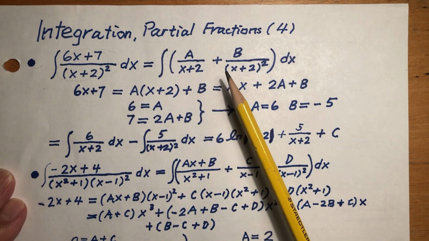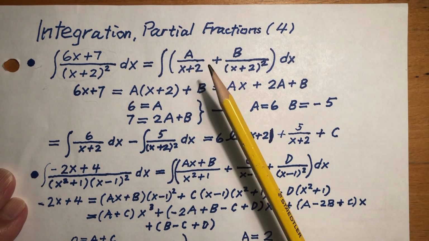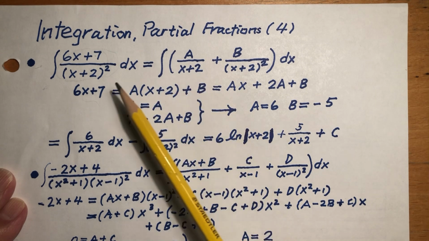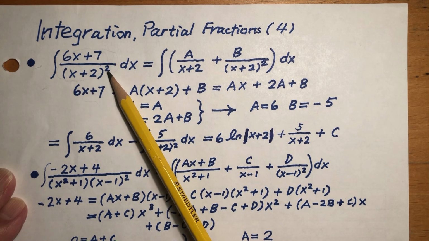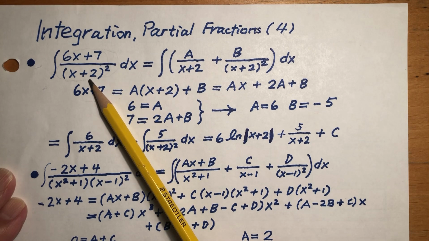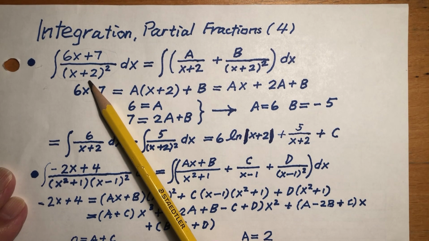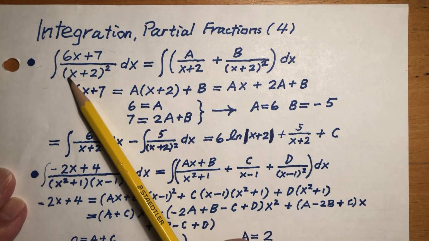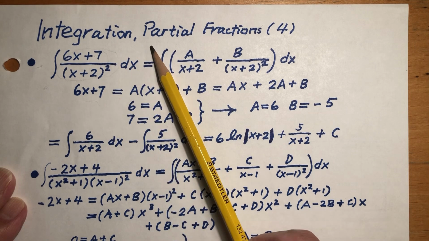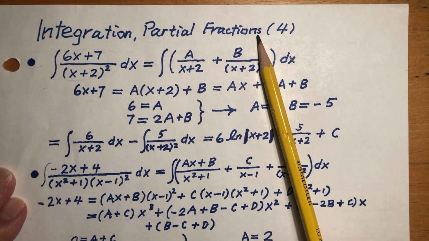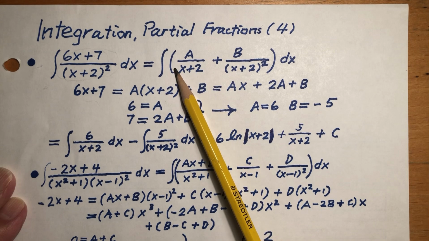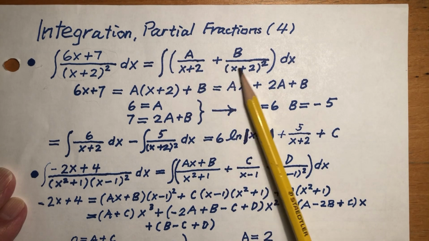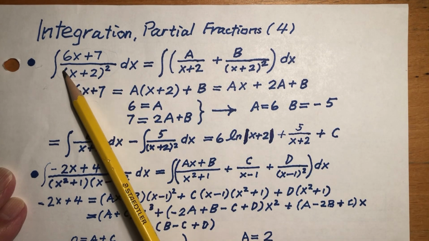One thing we need to pay attention to. The denominator is the square of the bracket. When we expand into partial fraction, we need to write two denominators. One is the original denominator.